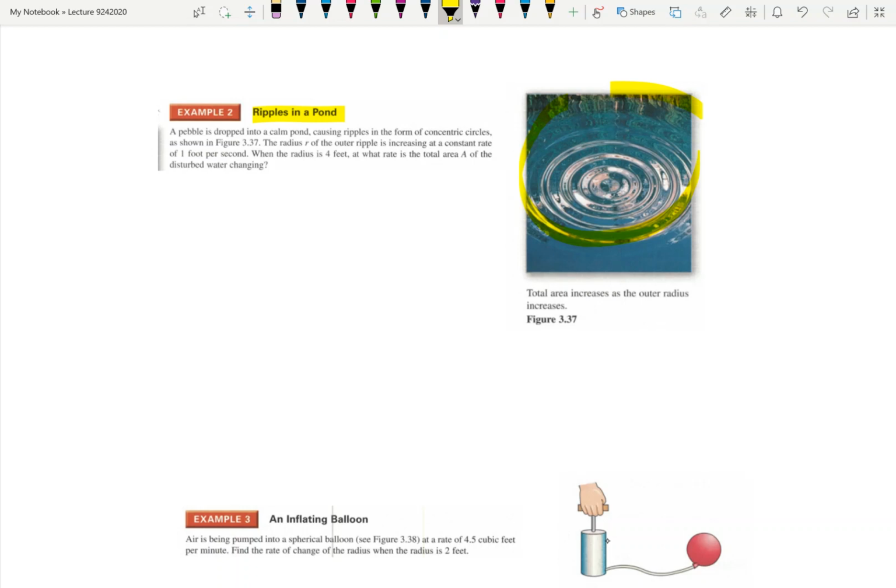So here we know the equation. Those are circles, right? Circular path. So the equation we know, pi r square, the equation of the area of a circle, and given rate, find.